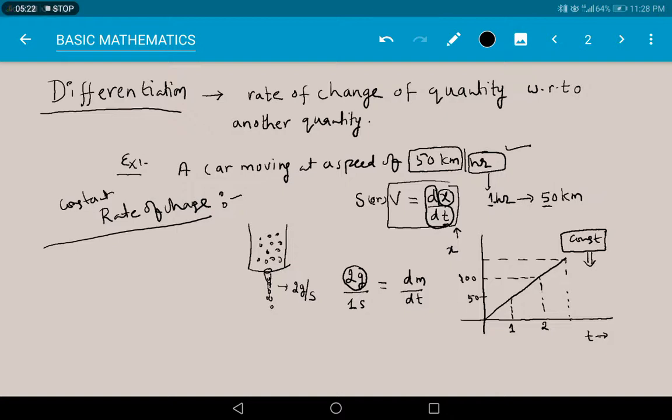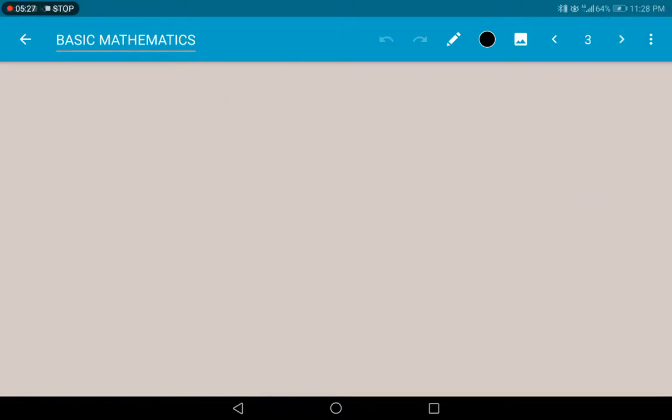Suppose the rate is not constant, then how to use differentiation? Rate of change is not constant.